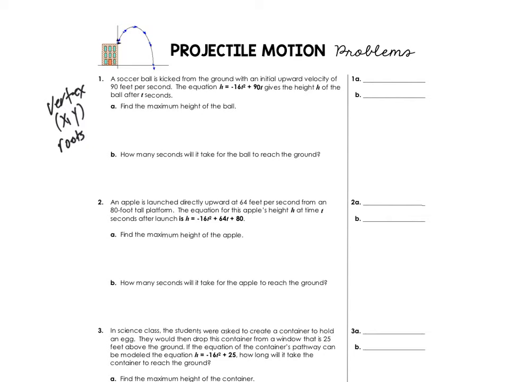So first, let's find the axis of symmetry. It's negative 90 divided by 2 times negative 16, right? Because a is negative 16, b is 90, c is 0. And negative 90 divided by negative 32 equals 2.8125.